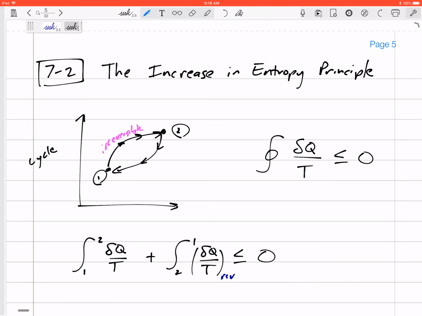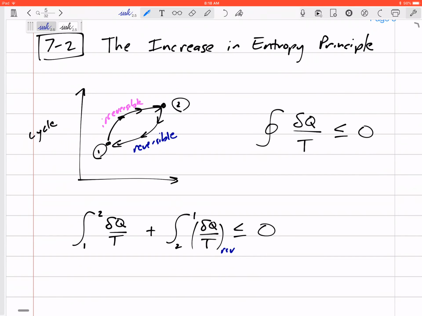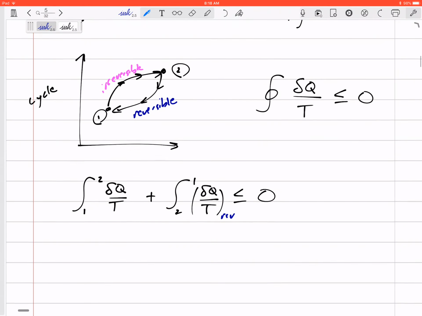Maybe we actually come back the reversible path. We know that the cyclic integral of delta Q over T is always negative or 0.